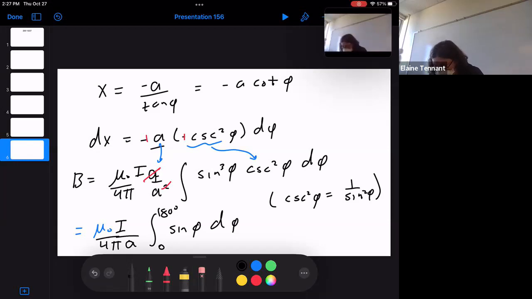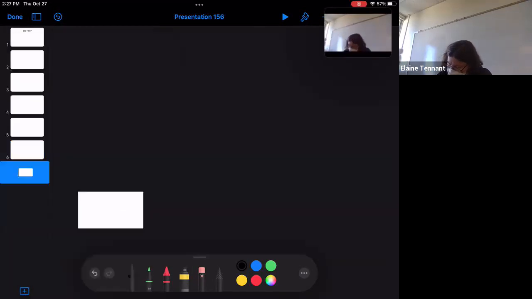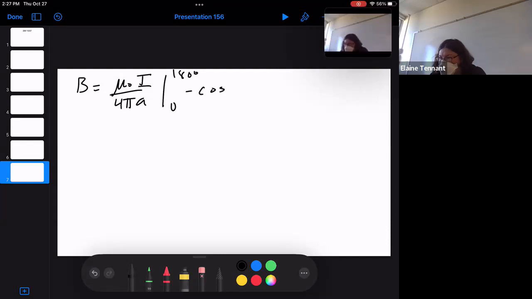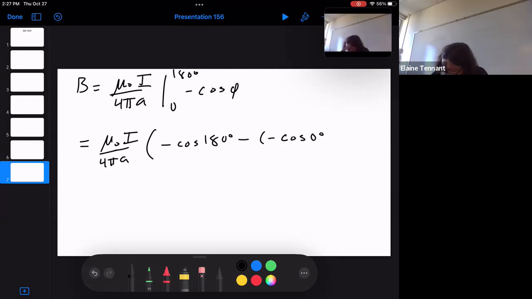What's the integral of sine? Negative cosine. Mu naught I over 4 pi a, from 0 to 180 of negative cosine of phi. Plugging in my limits, I have negative cosine of 180 minus a negative cosine of 0.